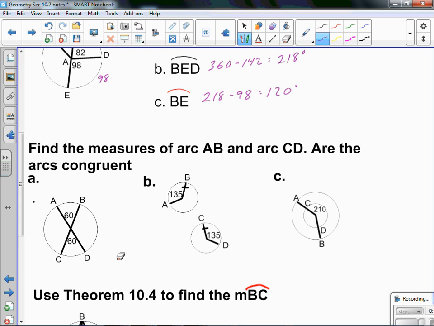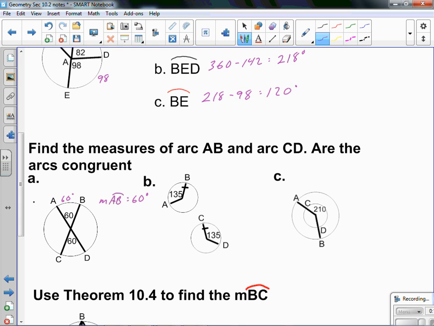All right. So next, find the measures of arc AB and arc CD. Are the arcs congruent? When we look at these, measure of AB, since that appears to be a central angle, then AB should be the same as the central angle, right?